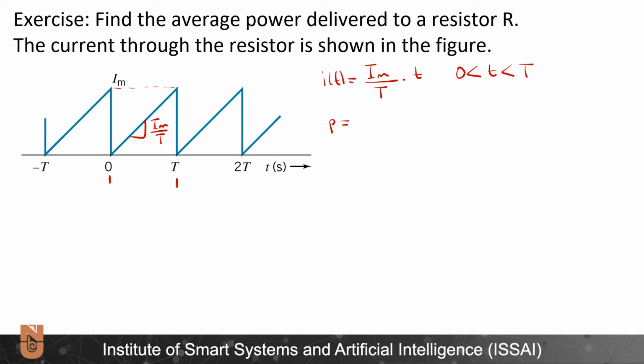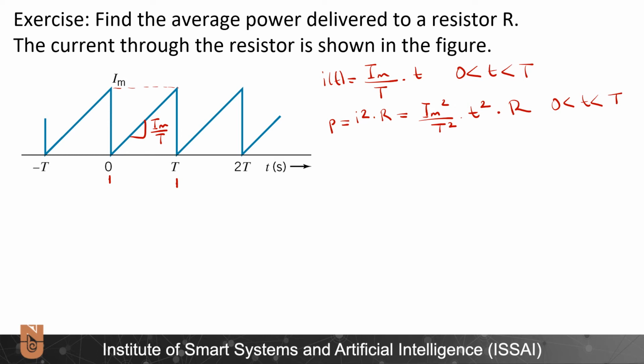So P is equal to I squared times R, which is equal to Im squared divided by T squared times lowercase t squared, and this is multiplied by R, and this is also valid for this range from 0 to period T.